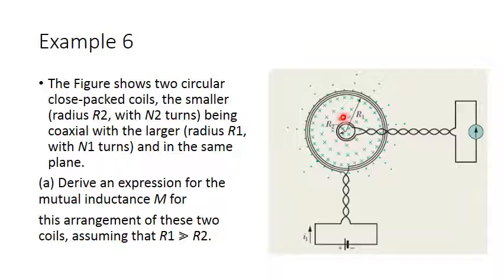So the linked flux by coil 2 in this case would be B1 multiplied by the area of the second coil. And by dividing the linked flux by coil 2, multiplied by its number of turns N2, over the current in coil 1, we can find out the mutual inductance between these two coils. So this is our plan. Let us start.